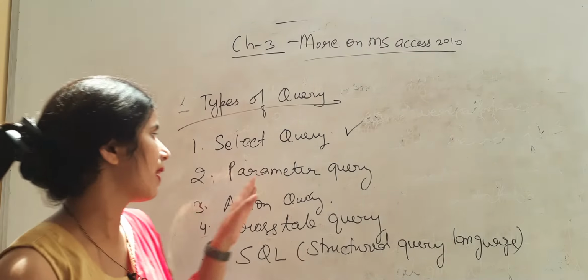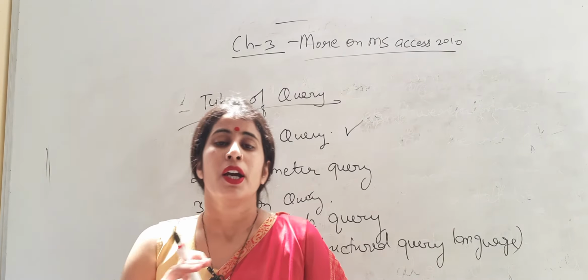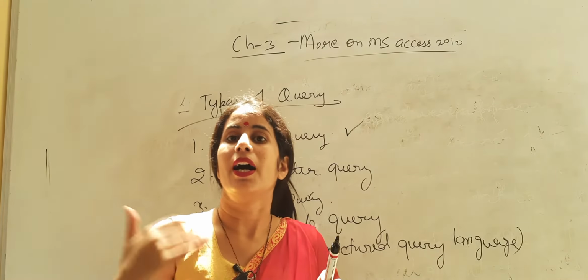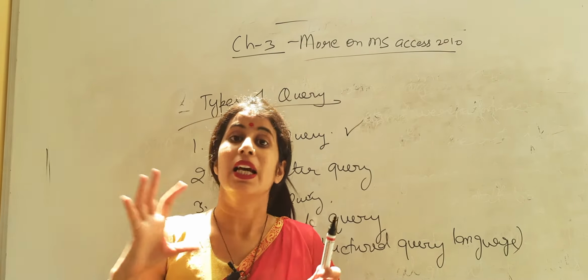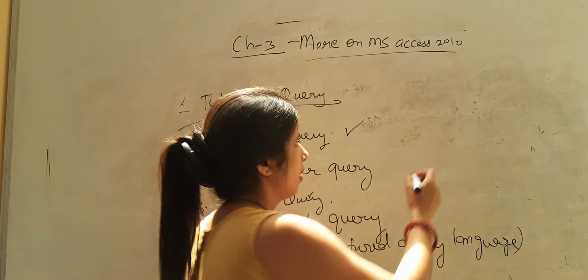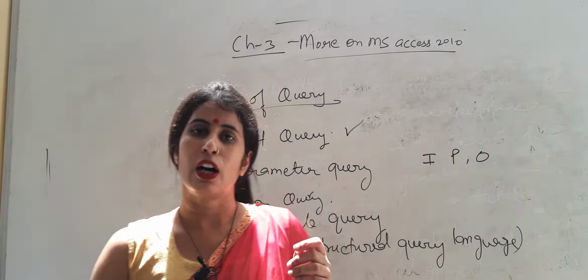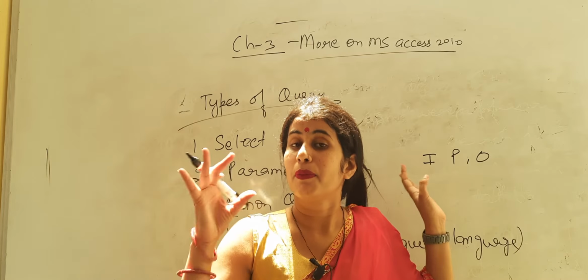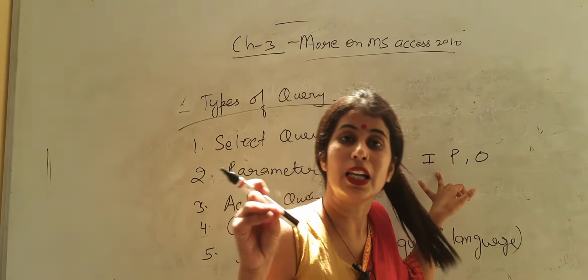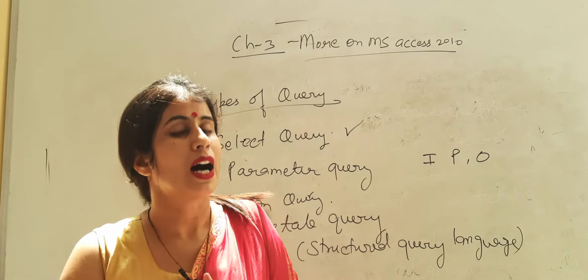Next one is parameter query. What is parameter query? Parameter query prompts you for the input first. What is prompt? Prompt means the input. We fix the input, then we process it, and then we give the output. So here the parameter query mainly focuses on the input. It prompts you for the input, then it gives the output.